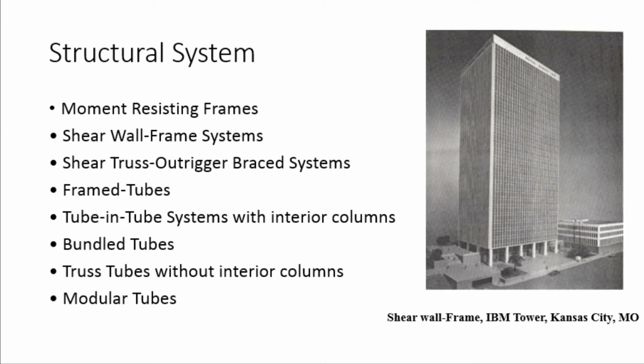Structure system. How the structure is made. It may be made of moment resisting frame, shear wall frame, shear truss, outrigger braced system, framed tube, tube-in-tube system, bundled tube, truss tube, modular tube.